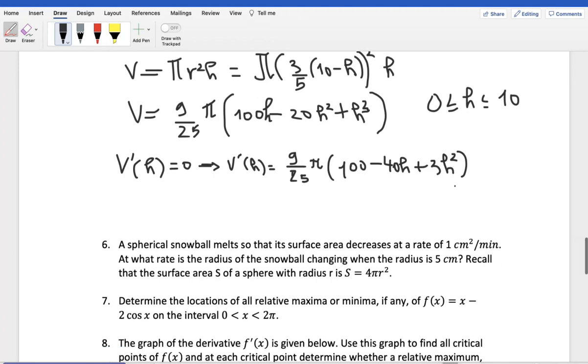And we want to know when this is equal to 0.